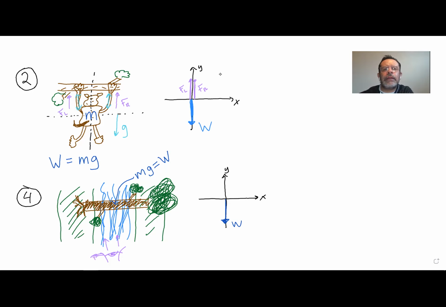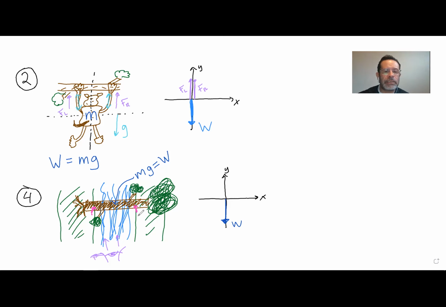And then there is going to be a reaction force here, and here, where the tree is resting. That's usually this normal force that we have.